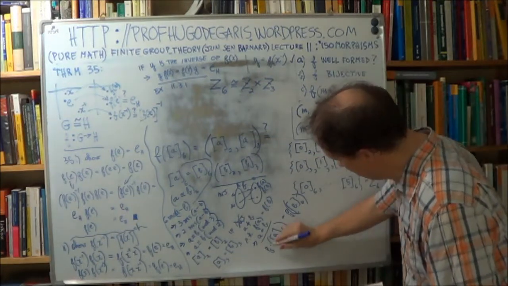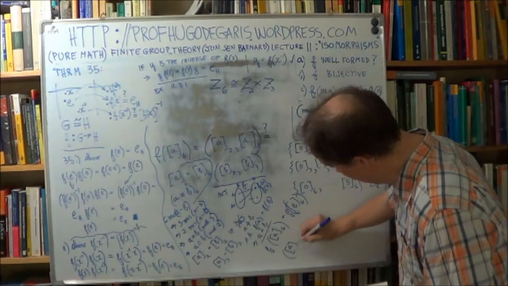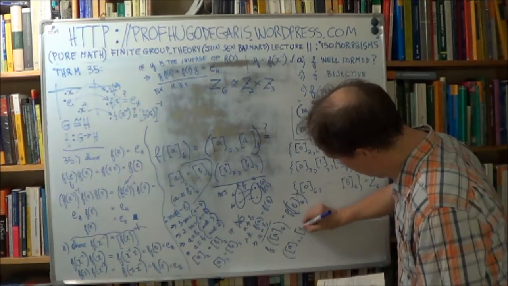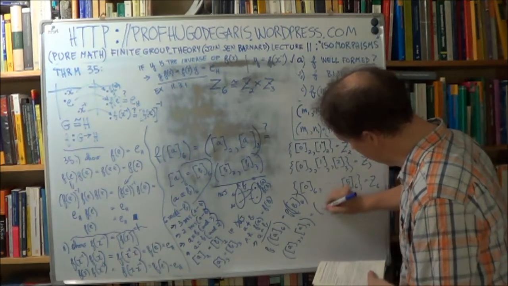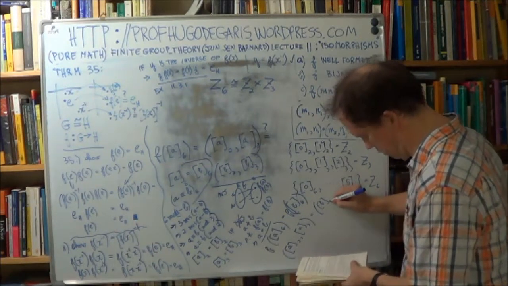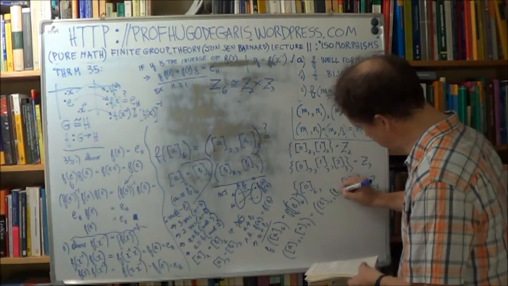Okay. So now we can rewrite this as a of 2, a of 3, and that'll be equal to b of 2, b of 3.